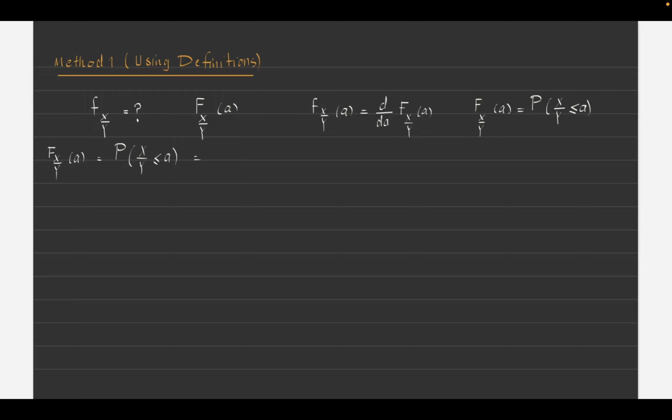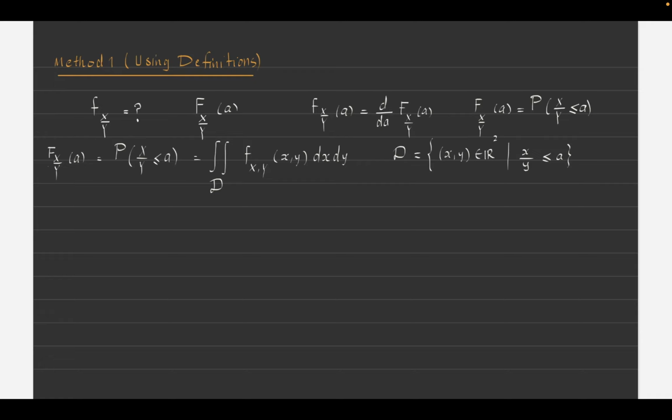To calculate this, because I have two random variables x and y involved, I have to take a double integral of the joint probability density, which we denote by f sub x,y, dx dy, on the domain D, where D is all ordered pairs x and y in the plane such that x over y is less than or equal to a.